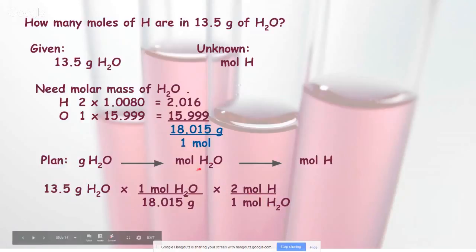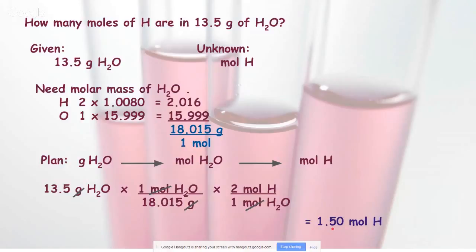So we have 2 moles of hydrogen in 1 mole of water. Grams is going to divide out. Moles is going to divide out. We're going to do our calculation, round to 3 significant figures, and we have 1.50 moles of hydrogen in 13.5 grams of water.